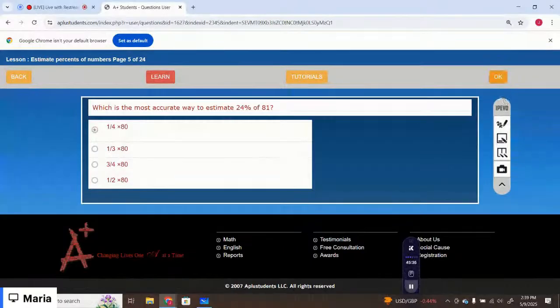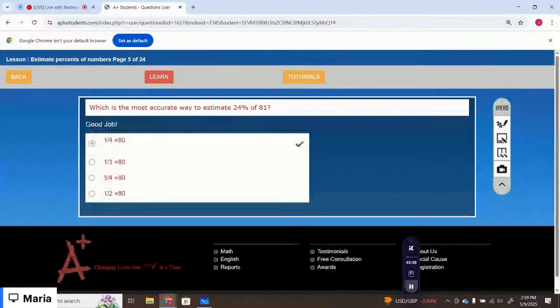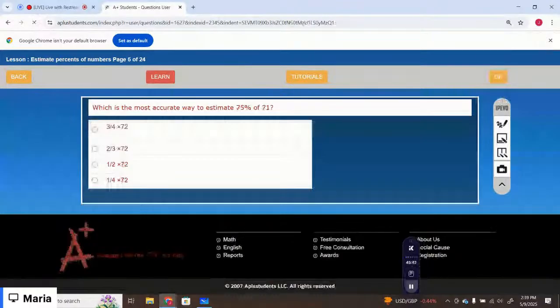Option number 1 is the correct option. Which is the most accurate way to estimate 75% of 71?